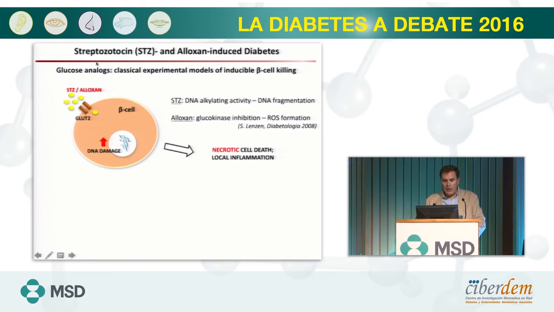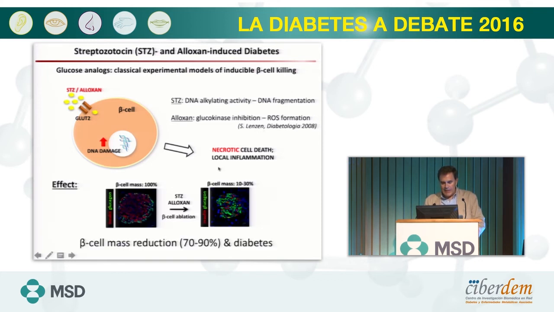As you know, these are glucose analogs that enter beta cells through GLUT2, and they both result in beta cell death, whether by breaking DNA or by producing free radicals, reactive oxygen species. They trigger the death of beta cells by necrosis, and in this system, the efficiency of beta cell ablation is slightly lower than with diphtheria toxin. About 70 to 90% of the beta cells are destroyed with streptozotocin.